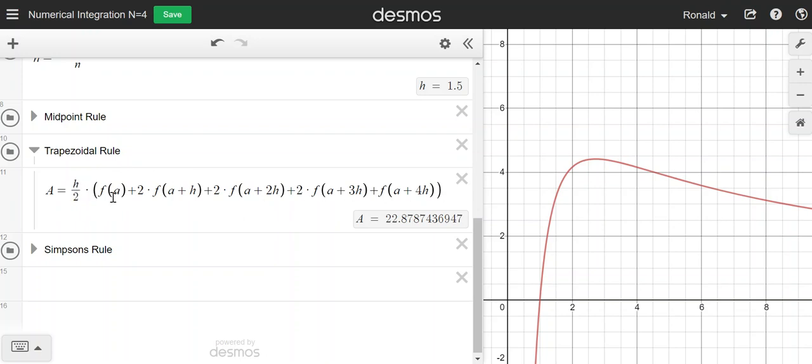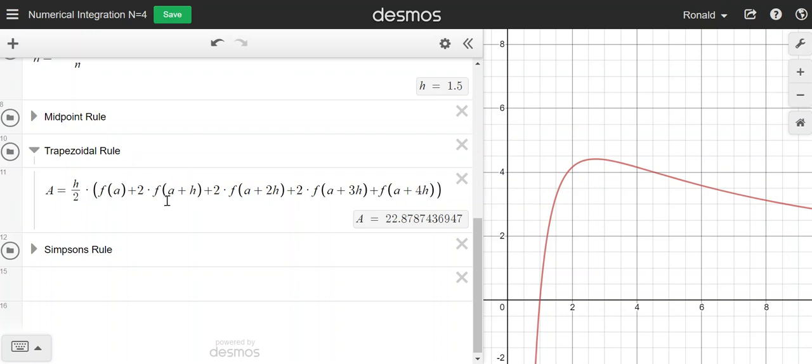We start off with f of a plus 2f of a plus h plus 2f of a plus 2h plus 2f of a plus 3h plus f of a plus 4h. Now the pattern here is that after the first term is always f of a, and we consider that to be n equals 0.